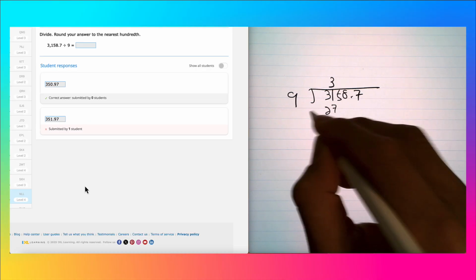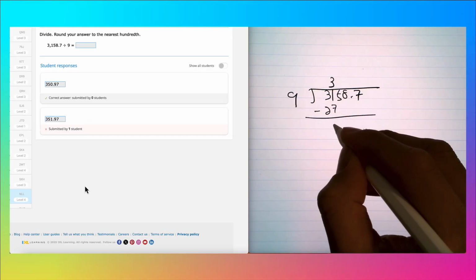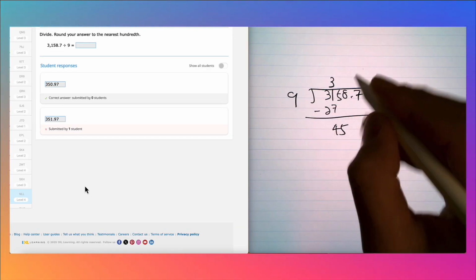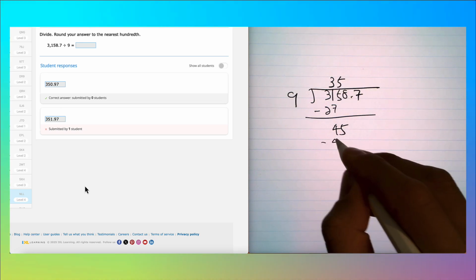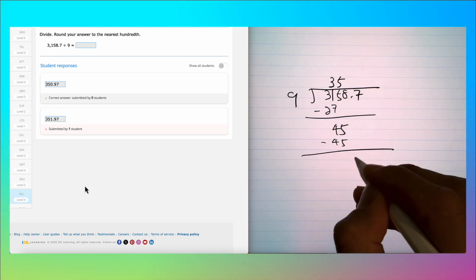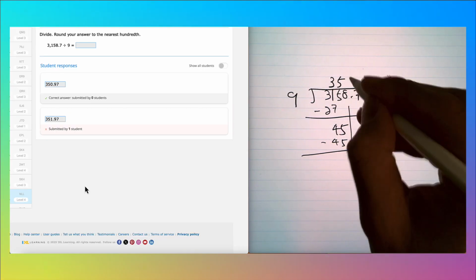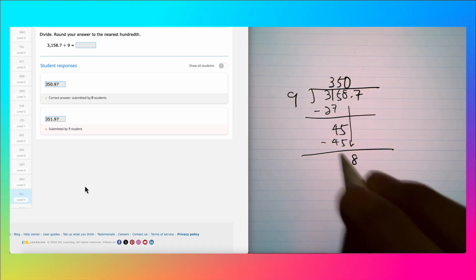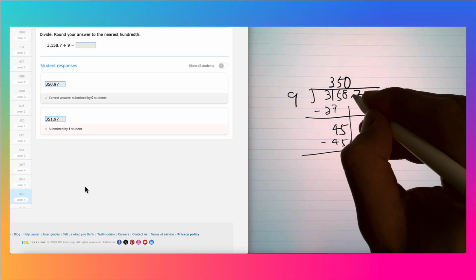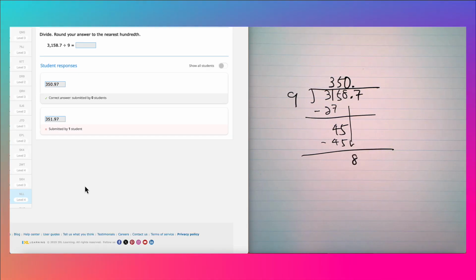We get 27. Subtract that. We get 45. We get 5 here. It's gone. You drop down 8. When you drop down 8, there's nothing that you can divide this, so you put 0. So we got 50 point, and there's a dot here, so put the decimal point right above it too.